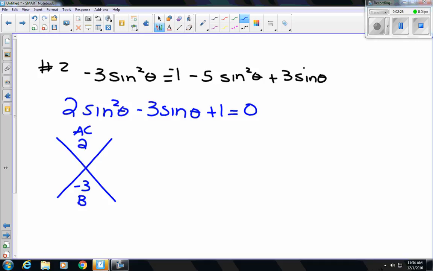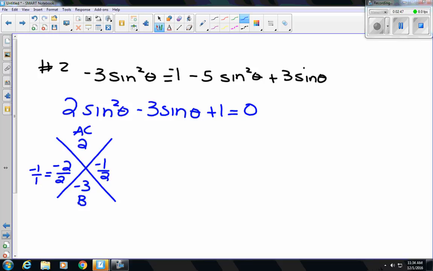Okay. All right, so I need two numbers that will give me a product of 2 and a sum of -3. -2 and -1. And then what do I do? Put it over A, and A is 2. Simplify if I can. Okay, the denominator is the coefficient of your variable.